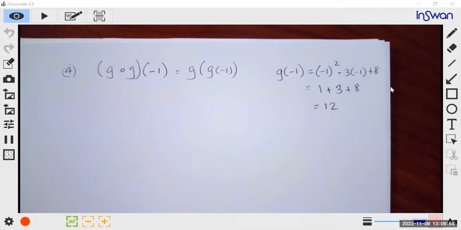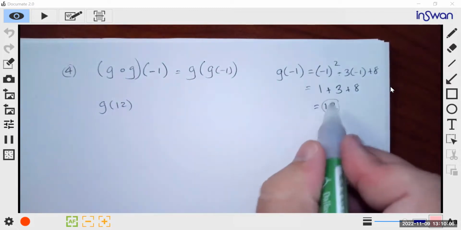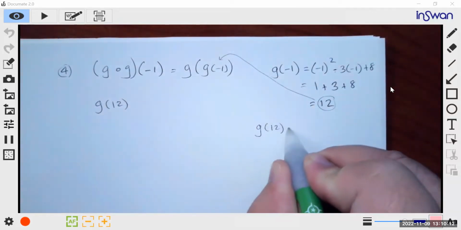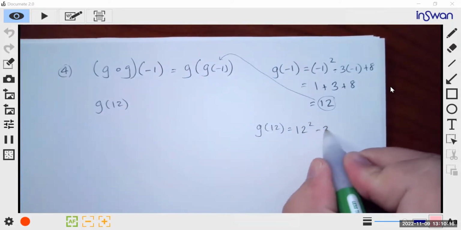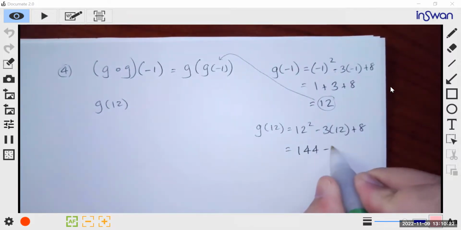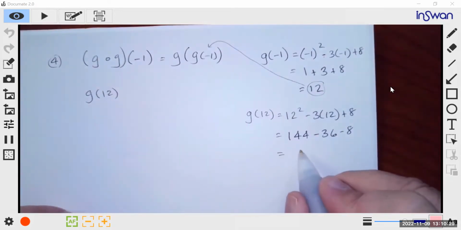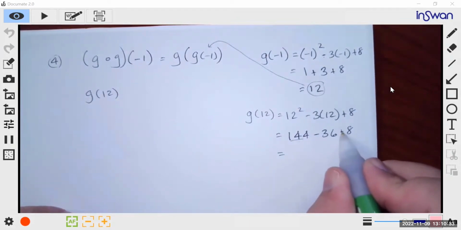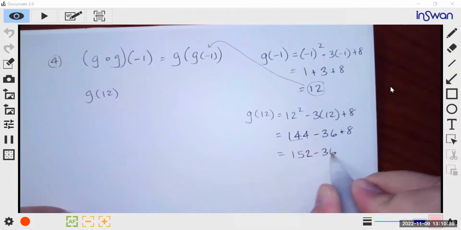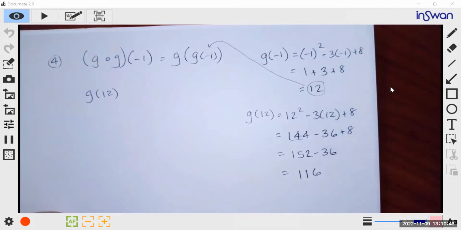That's 12. So g of negative 1 is 12. 12 squared minus 3 times 12 plus 8. 144 minus 36 plus 8. 144 plus 8 is 152, minus 36. 116.